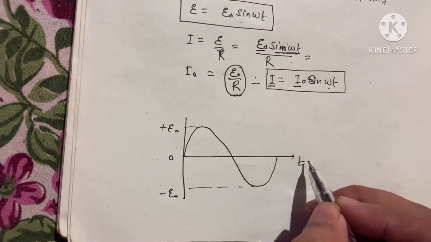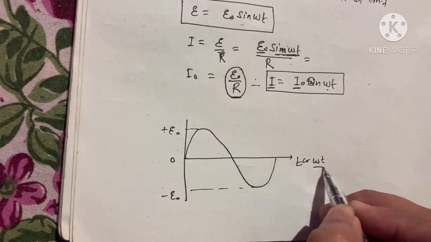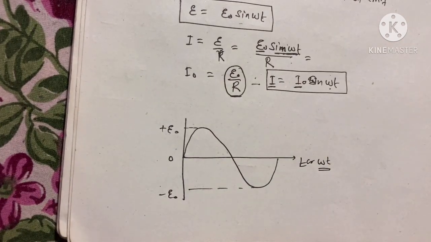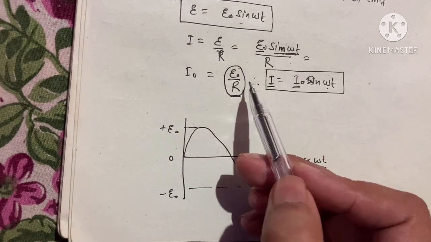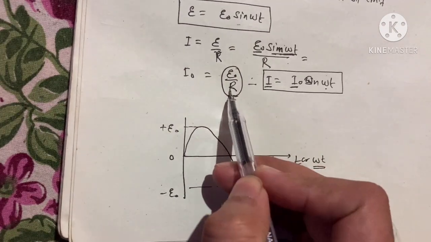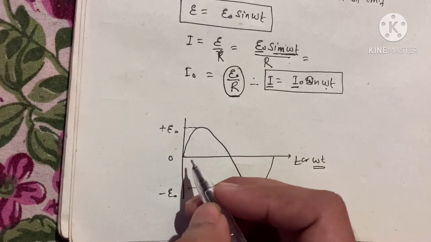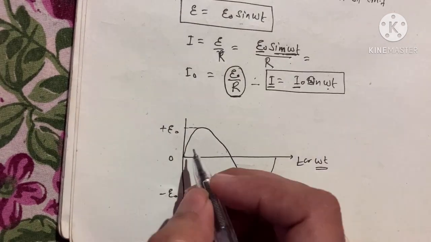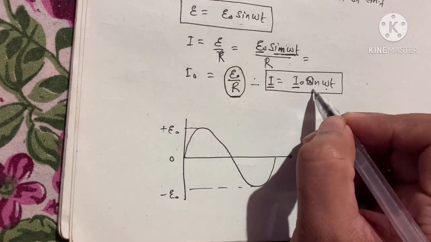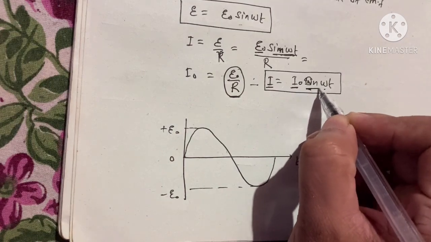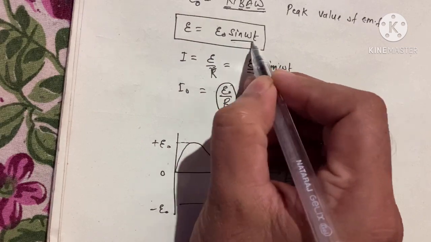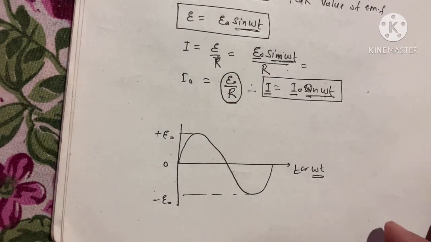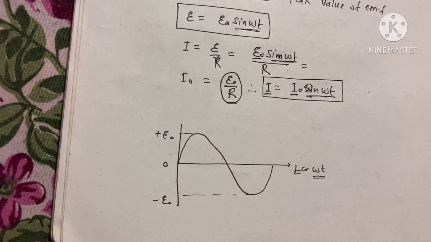Here you can write T or omega t. It is very important to write E or T or omega t here. And for current, we are getting E naught divided by R. It means your current value in the graph will be less. You can plot like this, but both are sinusoidal functions. We get sin omega t for the current, and for the EMF we also get sin omega t, so both have the same waveform.